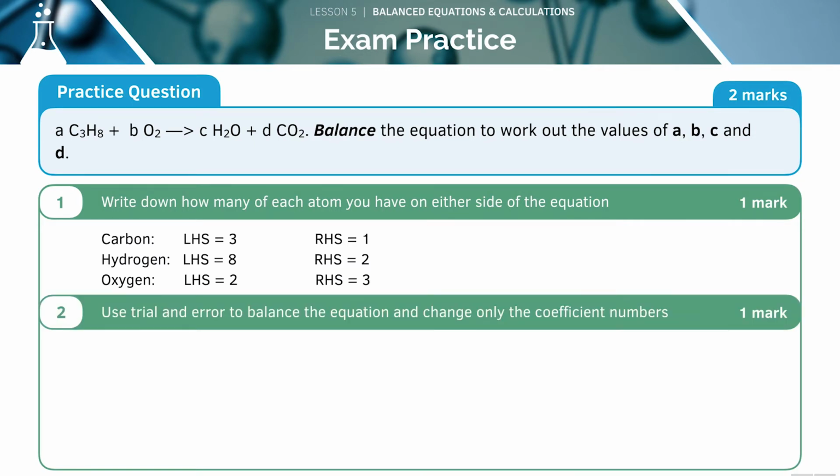The best way to approach the next step is to pick one element. Let's look at carbon first. So if we were to balance carbon, this means that D would have to equal 3. So again, we've got our left-hand side and we've got our right-hand side.